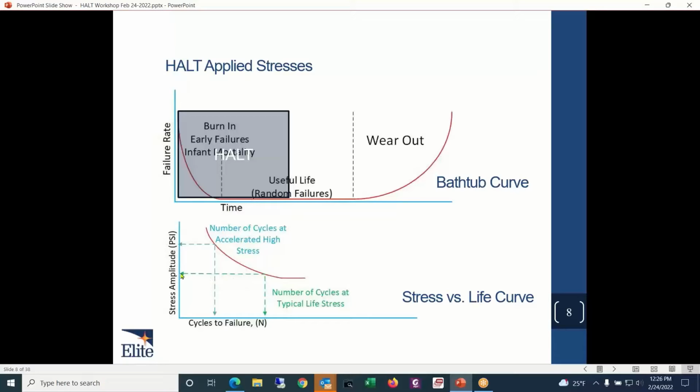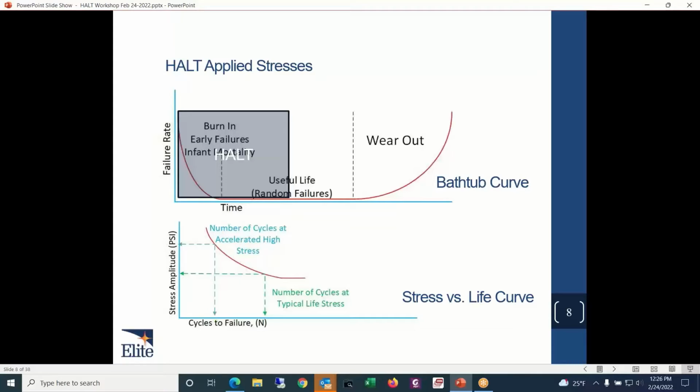If you've got perhaps a lower stress, you can get that product to survive for many thousands of cycles or tens of years. But in the test world, you can't wait 10 years of applying a normal stress to the product to get it to fail. So in HALT, what we do is we test at a higher amplitude to create these faults in a much shorter period of time.